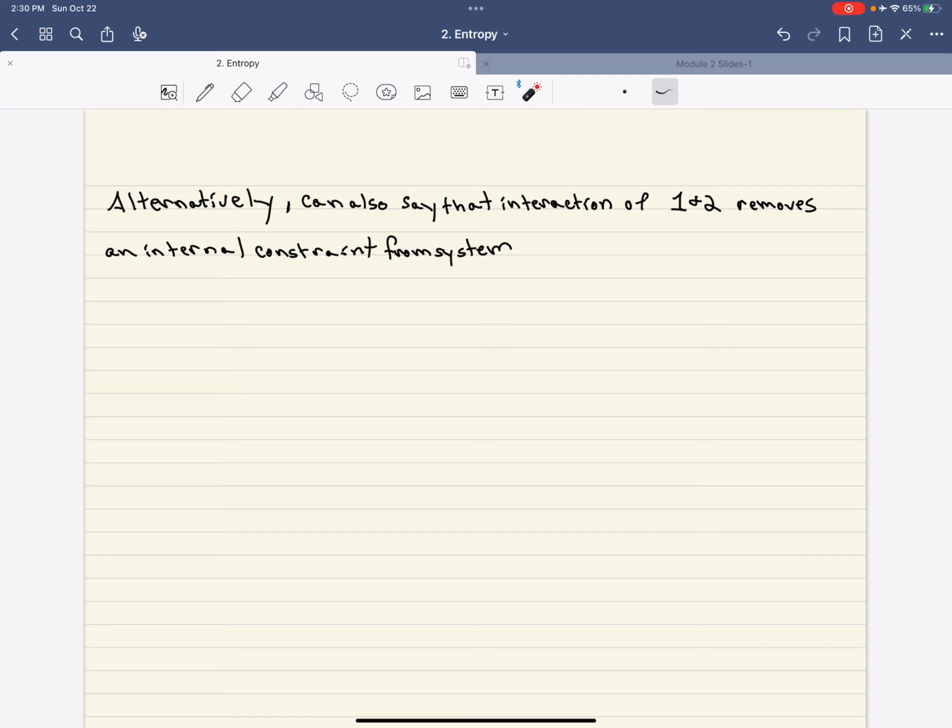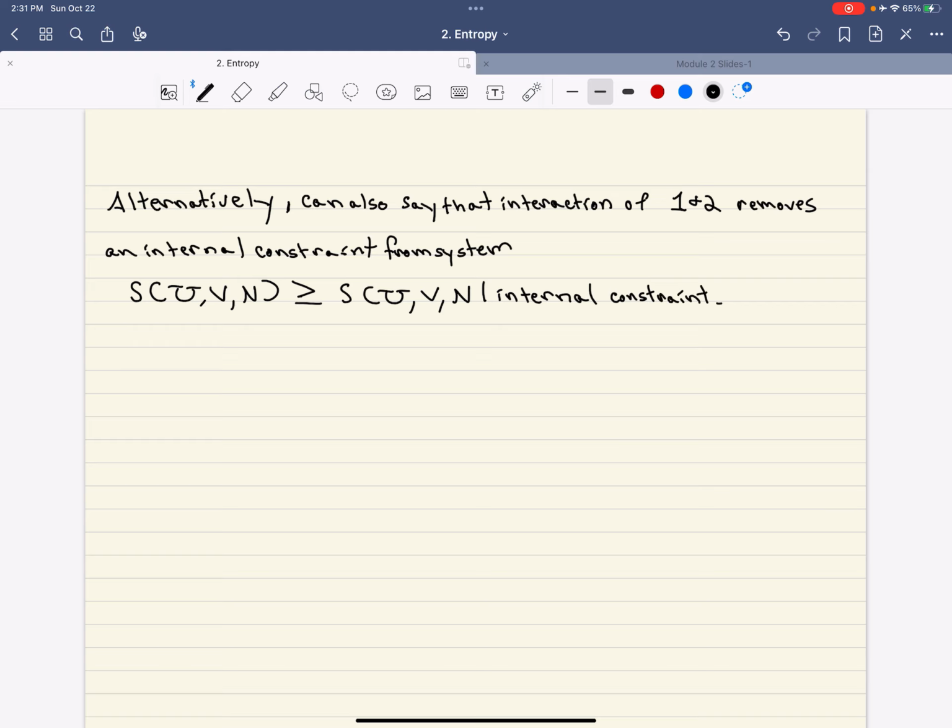And so essentially, the overall entropy of the combined system, we could say that it's greater than, or at least equal to, the overall entropy of a system which has some sort of internal constraint. Right? So if you remove this constraint, then your entropy is going to be greater.